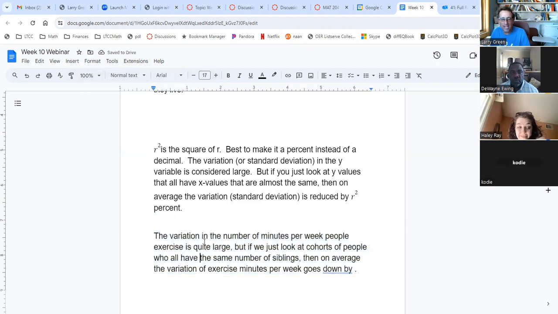So the variation in the number of minutes per week people exercise is quite large. But if we just look at cohorts of people who all have the same number of siblings, then on average, the variation of exercise minutes per week goes down by 61%.